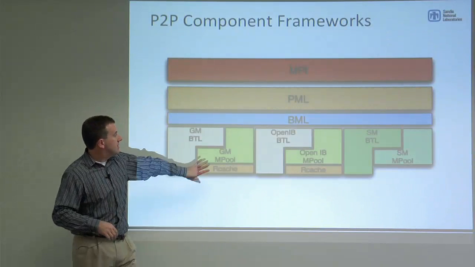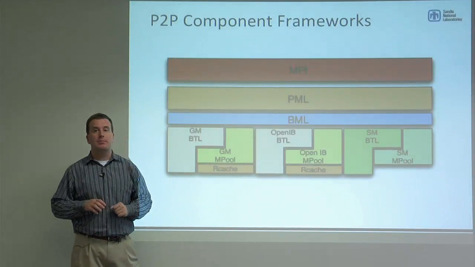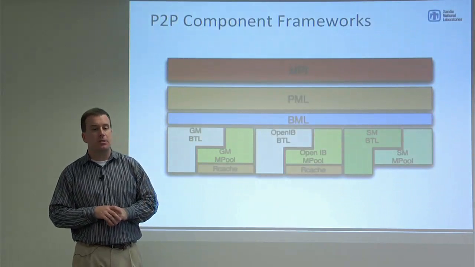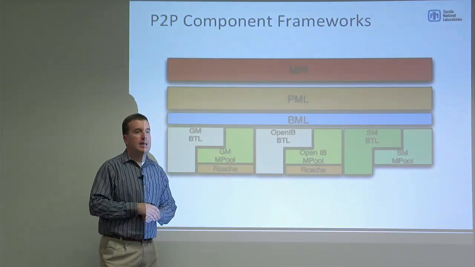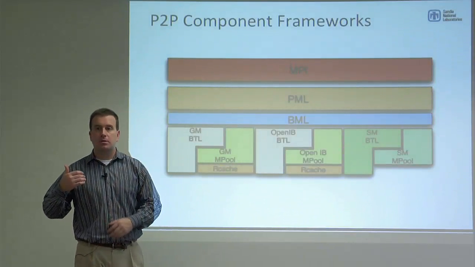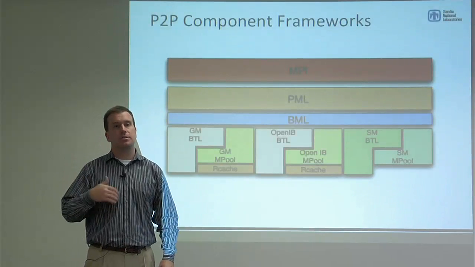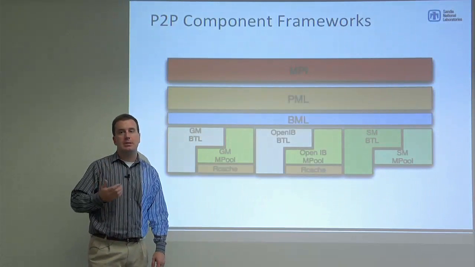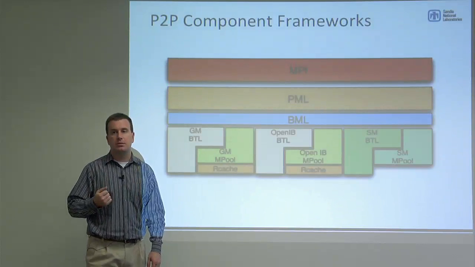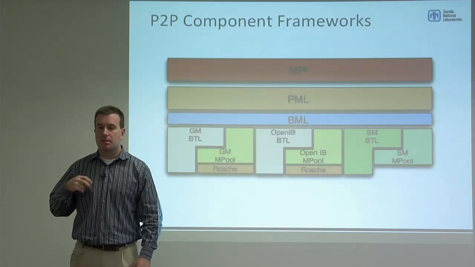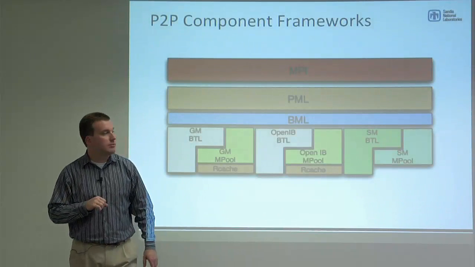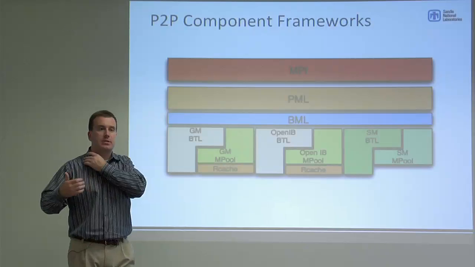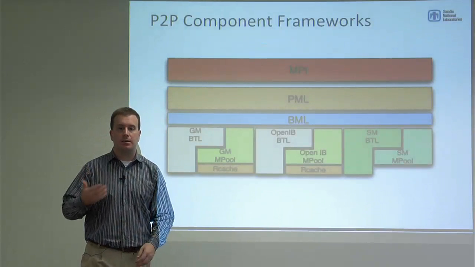So for TCP, these components don't really exist. With TCP, we're stream-oriented, and all the buffering is handled by the kernel. We don't really worry about the M pool and the R cache. But for networks like InfiniBand, which is a high-speed HPC network, there's no kernel copies involved. You talk directly to the device, the NIC itself, and in order to do that, you have to make some promises to both the kernel and the NIC.